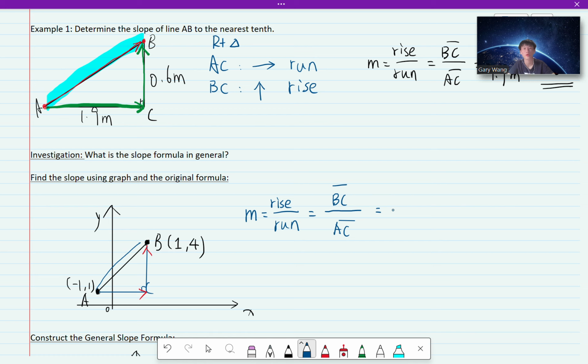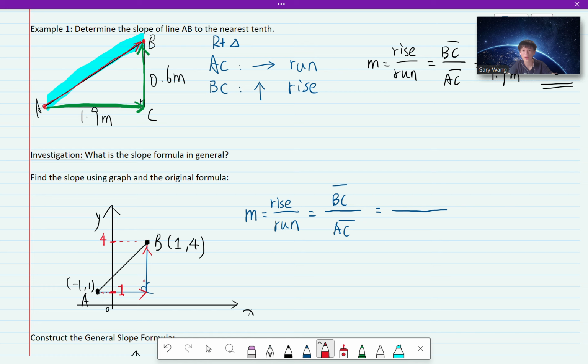And next, we will try to figure out the distance between points B and C and the distance between points A and C. So if we plot the coordinates out, we can see that this B right here corresponds to a y value of 4, and this A corresponds to a y value of 1.